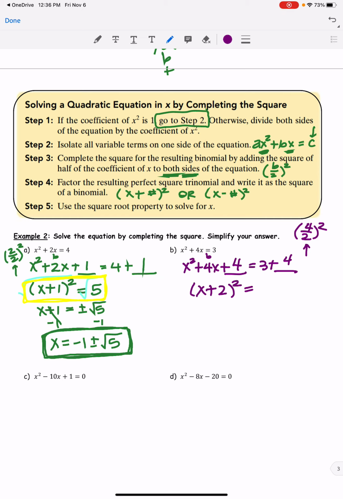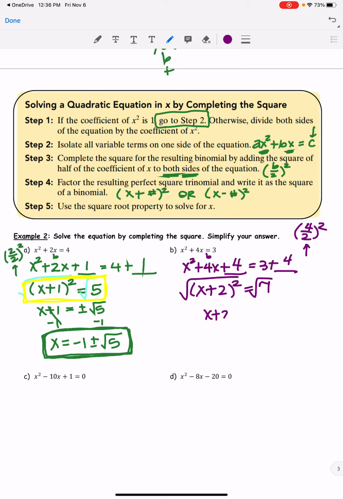And then we got 3 plus 4 to give us 7. This is, again, where you are going to be stopping during the conic sections. But for the purpose of the homework, we need to know how to actually solve this. So now your square term's isolated, so take the square root. We're using the square root property.